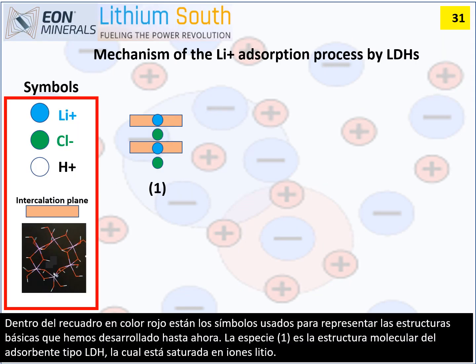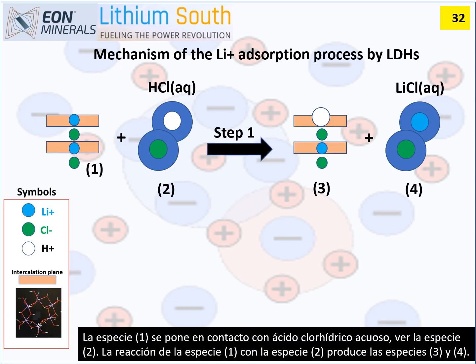Inside the red box are the symbols used to represent the basic structures we have developed so far. Species 1 is the molecular structure of LDH type adsorbent, which is saturated with lithium ions. Species 1 is contacted with aqueous hydrochloric acid.